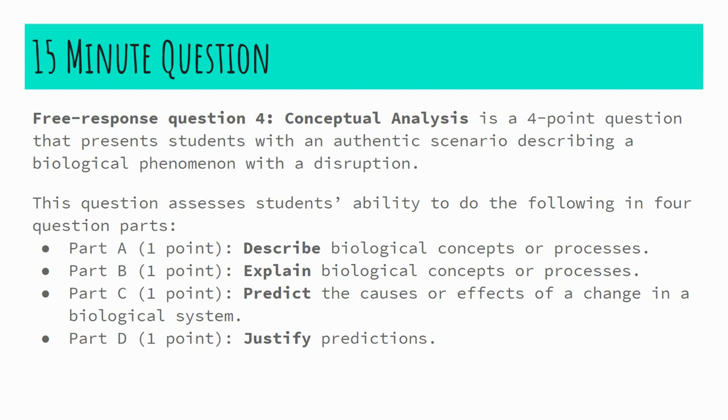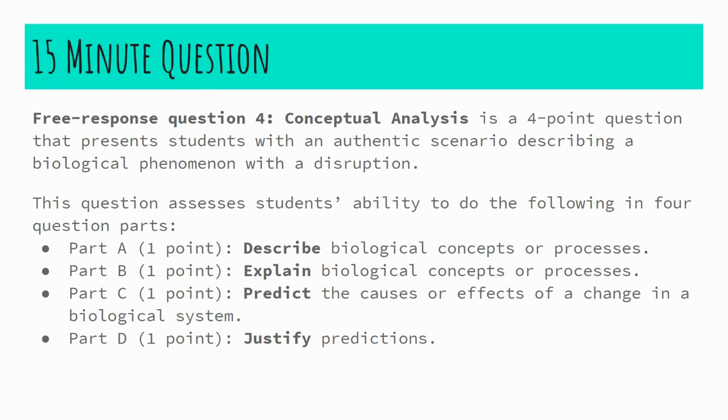There's always this disruption, and we're always told to analyze that disruption and predict what would happen if that disruption happened within the biological phenomenon. So we have 4 parts again, and it's also out of 4 points. So this is about half the amount of points that the first question was, but still very important.